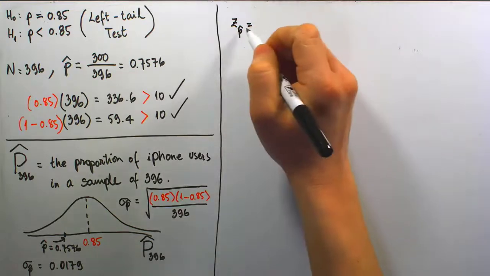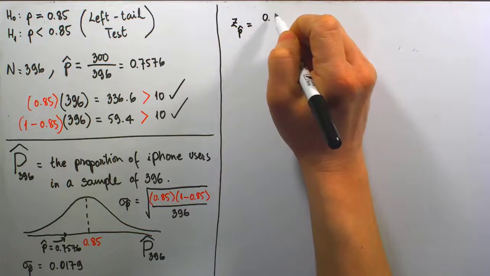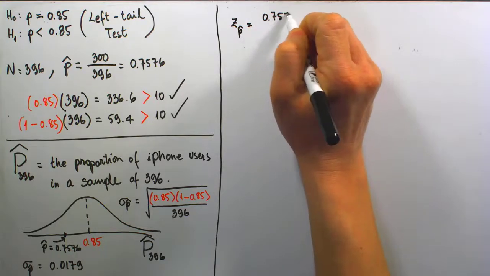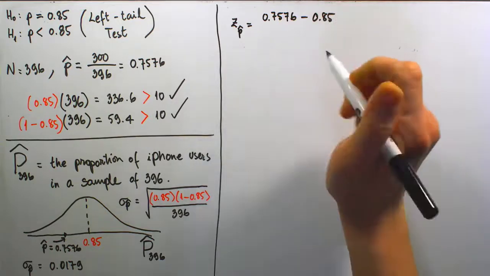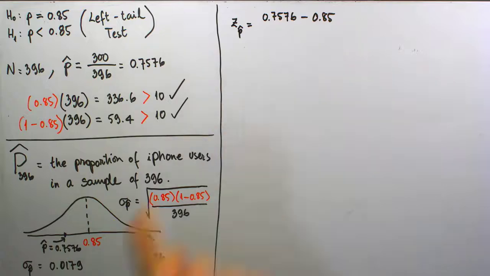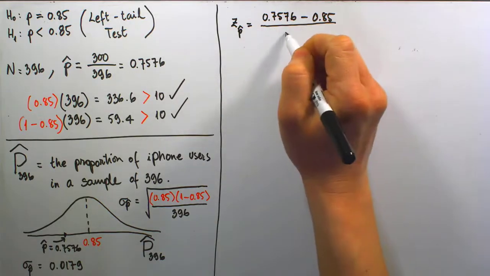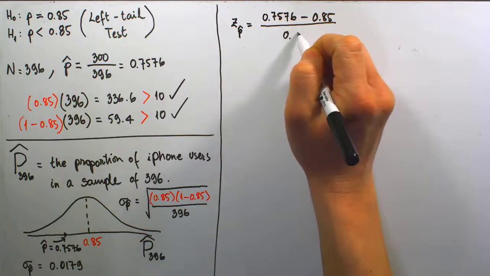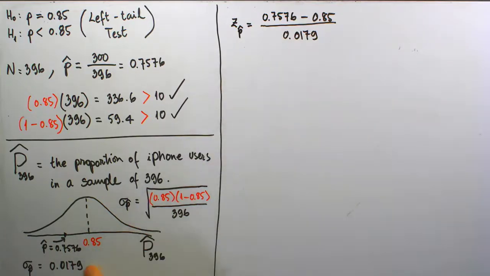So the z-score for this sample is found by 0.7576 subtract 0.85. That is the difference between our sample value and the center of the bell curve. And we're going to divide that by 0.0179. This is the average spread value on our bell curve right here, the sigma p hat value.